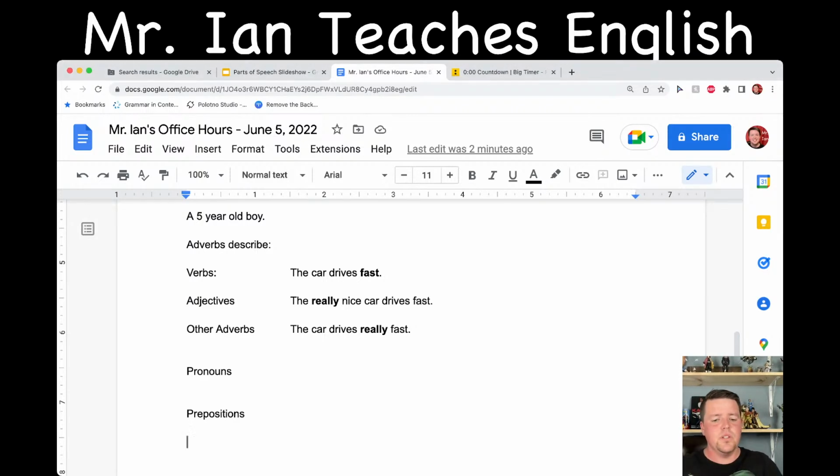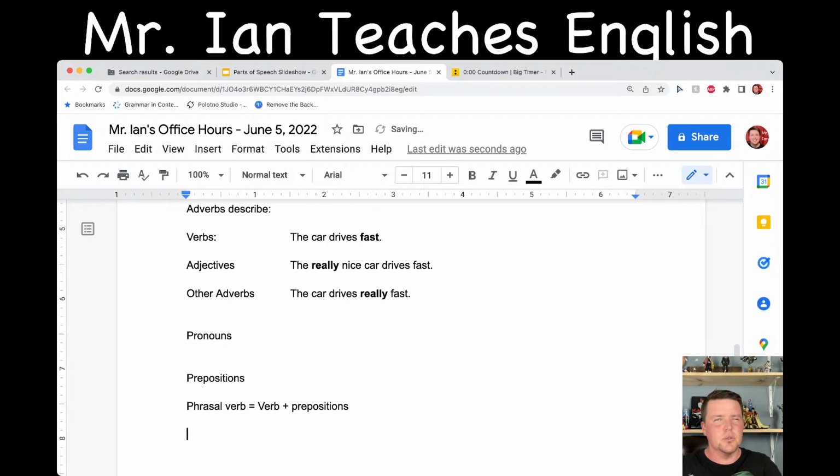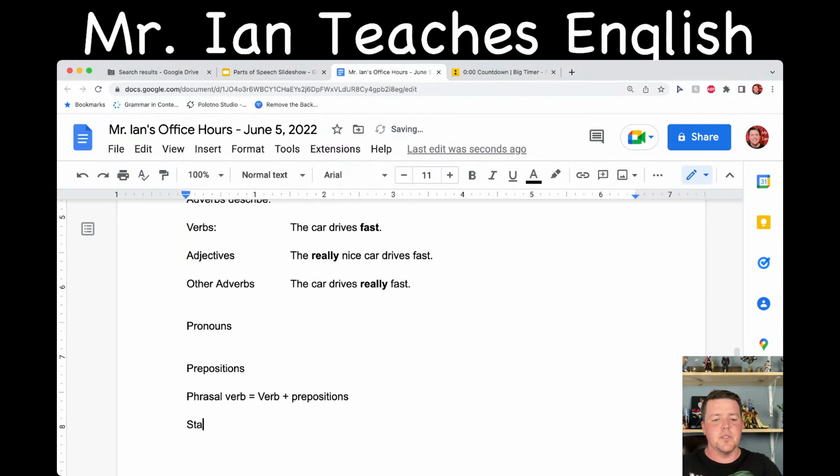The only thing I will say is when we talk about phrasal verbs, these are verb plus preposition combinations. They're pretty important. So what do I mean by that? I mean the difference between stand or stand with or stand by or stand out.